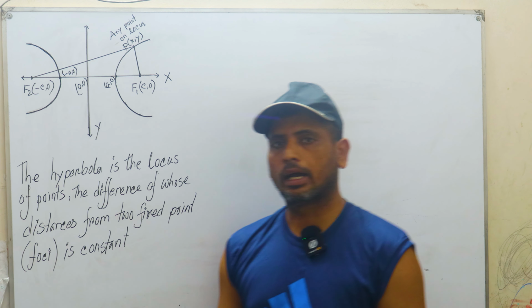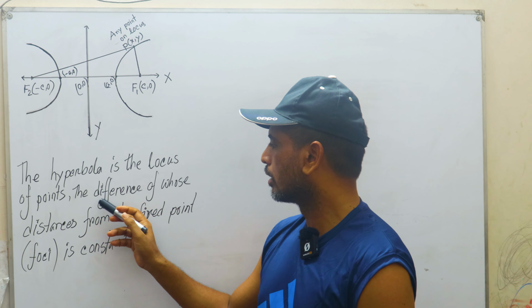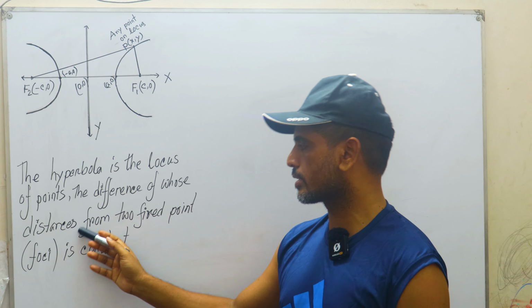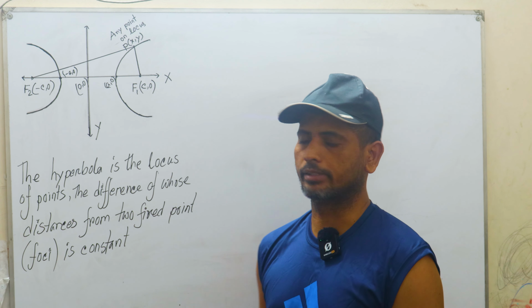So the hyperbola is the locus of points where the difference of those distances from two fixed points is constant.